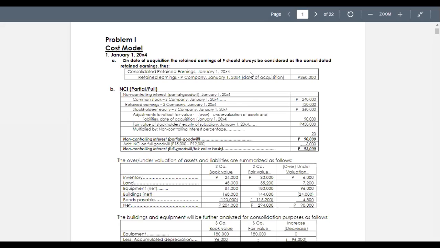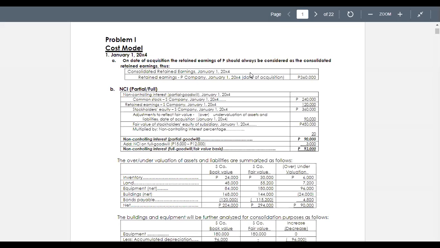That's the non-controlling interest or the minority interest. So you get the amount of the non-controlling interest by using the partial goodwill approach. So it's 90,000. We are going to add the non-controlling interest on full goodwill.